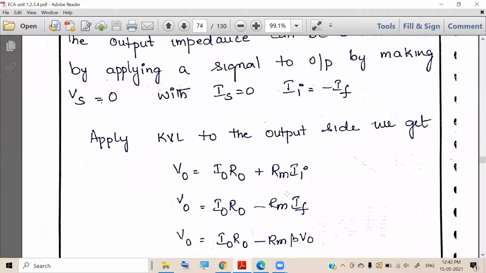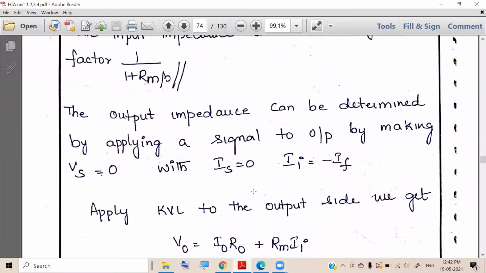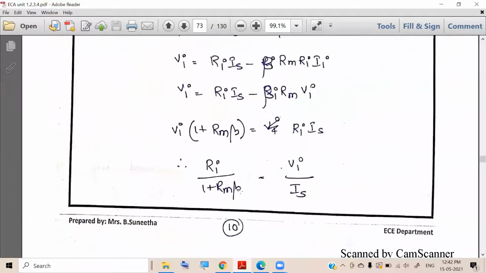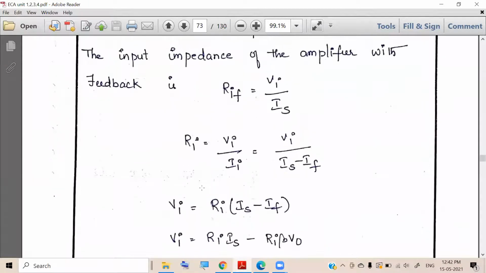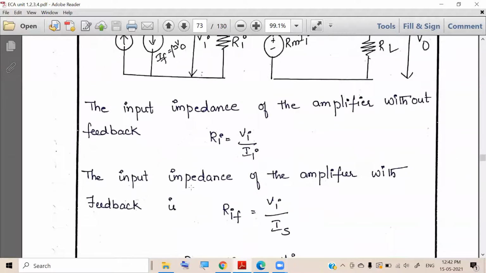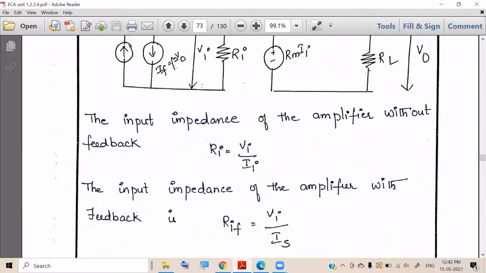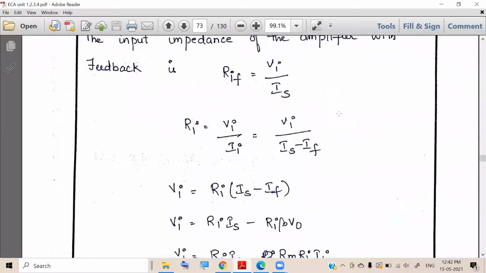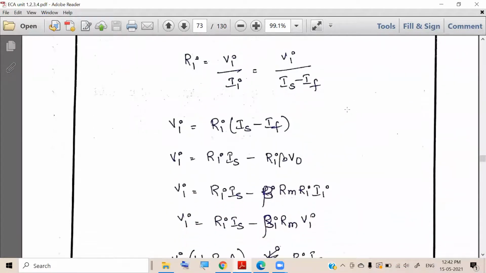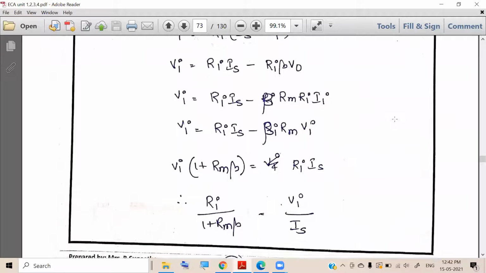What is If here? The feedback signal If in this circuit is nothing but beta into V0. In place of If, we write beta into V0.